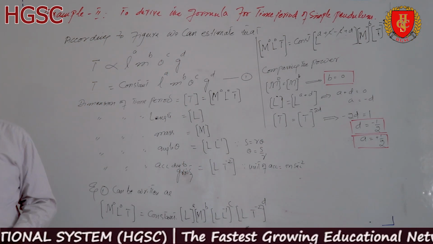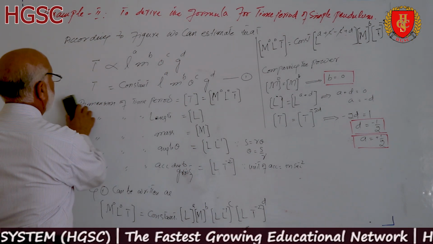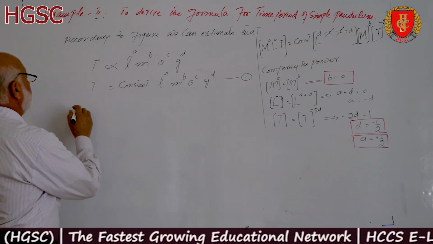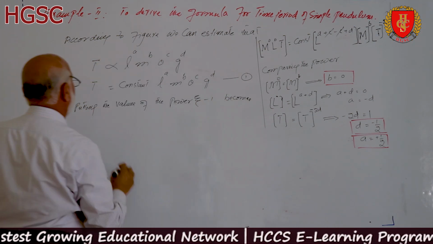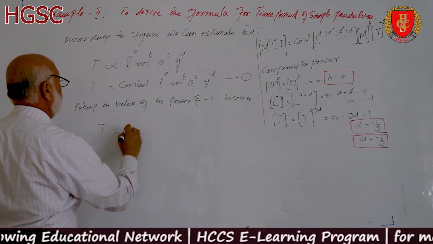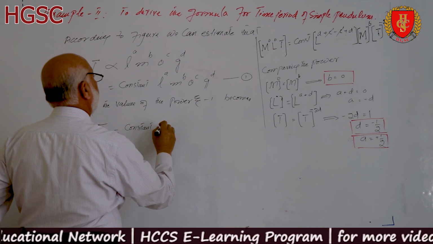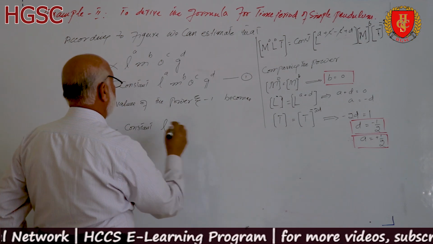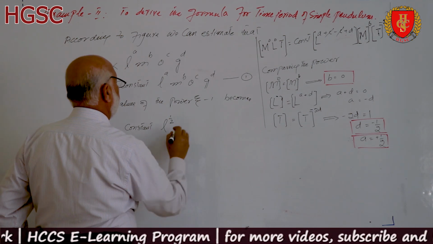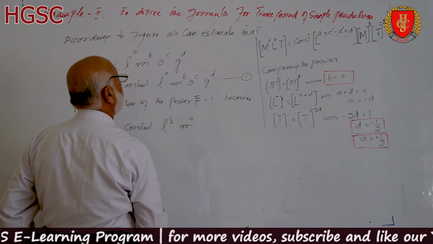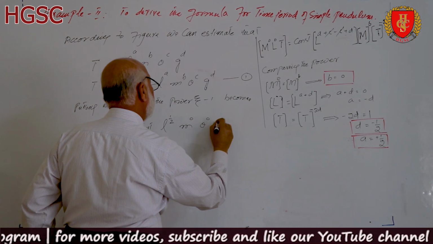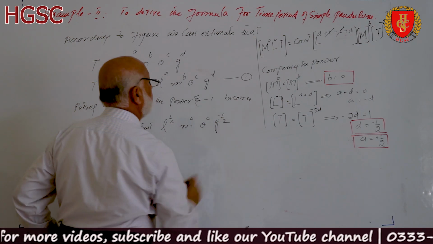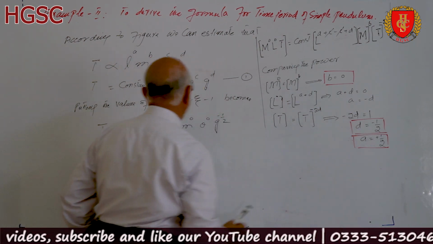So putting the value of the powers, equation 1 becomes T is equal to constant L power 1 by 2, m0, theta 0, and g power minus 1 by 2.